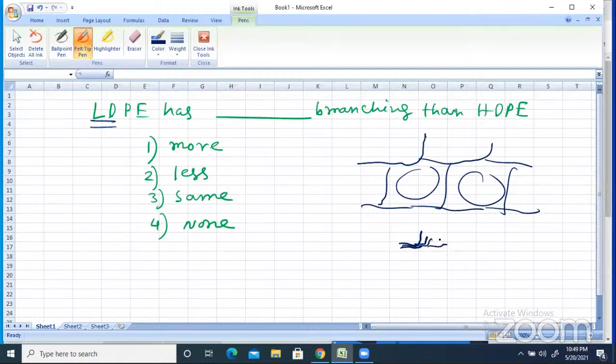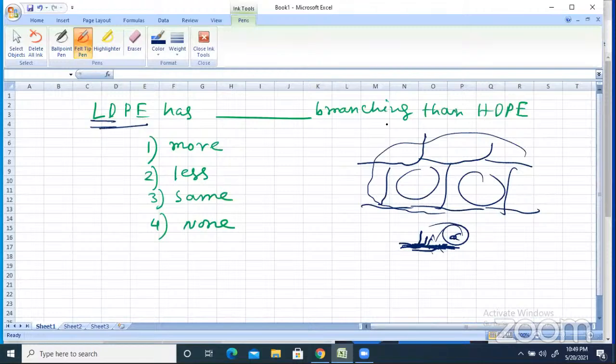All the chains or entanglements are closely packed to each other. Then your density will be high. Branching is not so much possible in that case, but here branching is so much. So your structural integrity is loose in case of LDPE. If you have more branching, your structure becomes loose.